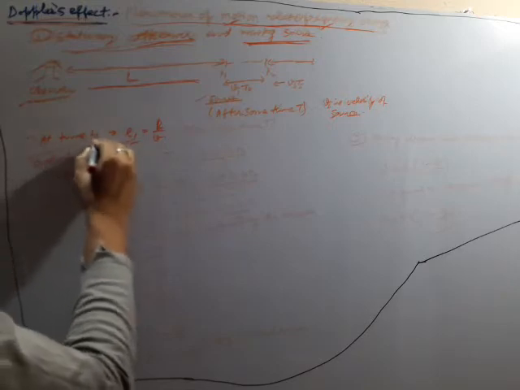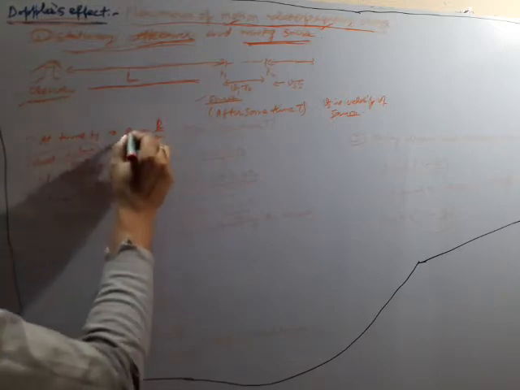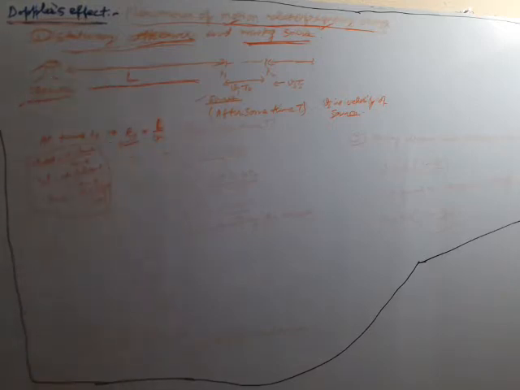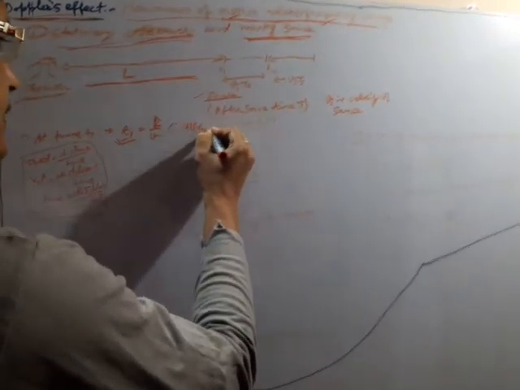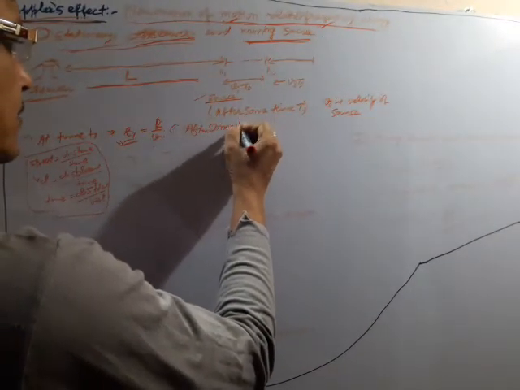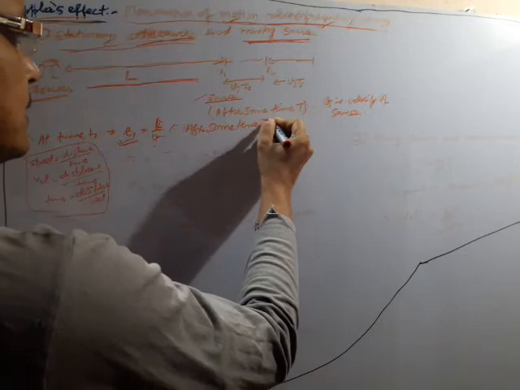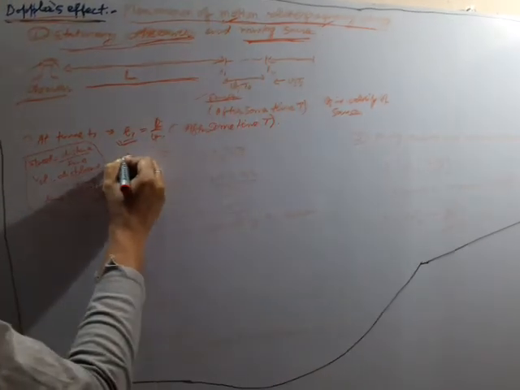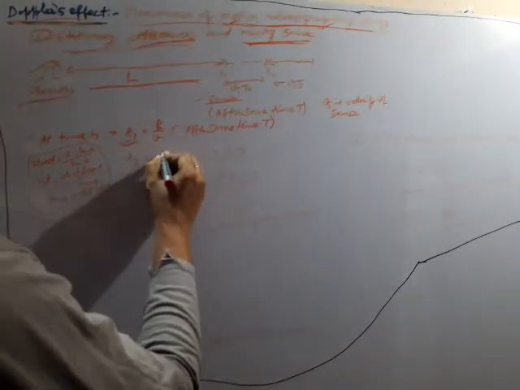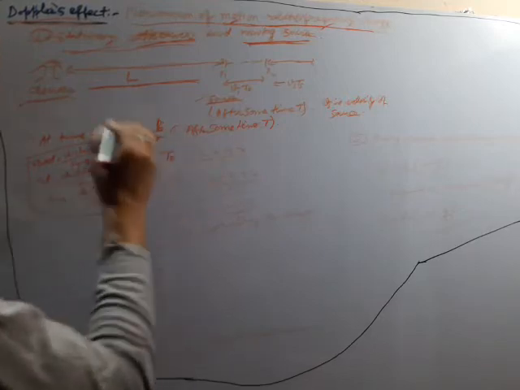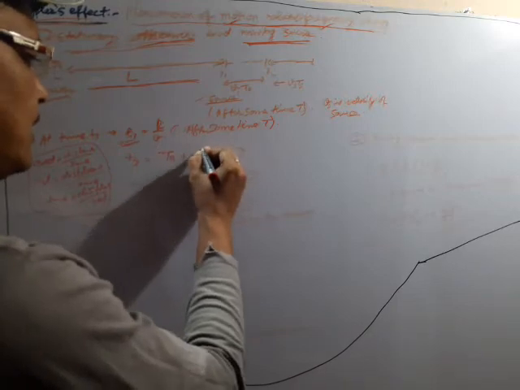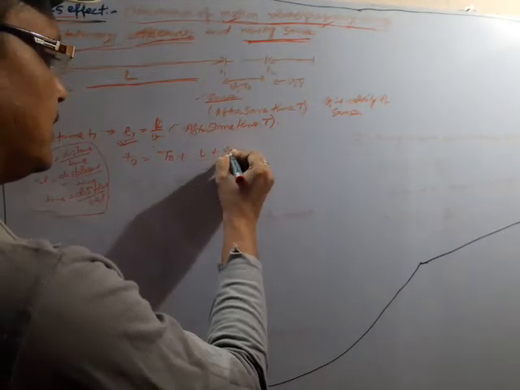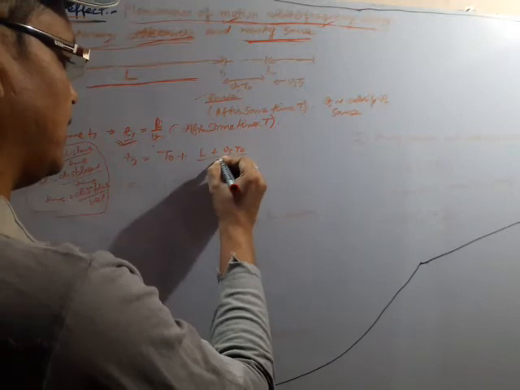So this thing I have written, T1 is equal to L by V. Try to understand all the things which are given here. After some time, t2 is equal to what? t2 is equal to t0 plus L plus Vs t0 by V.